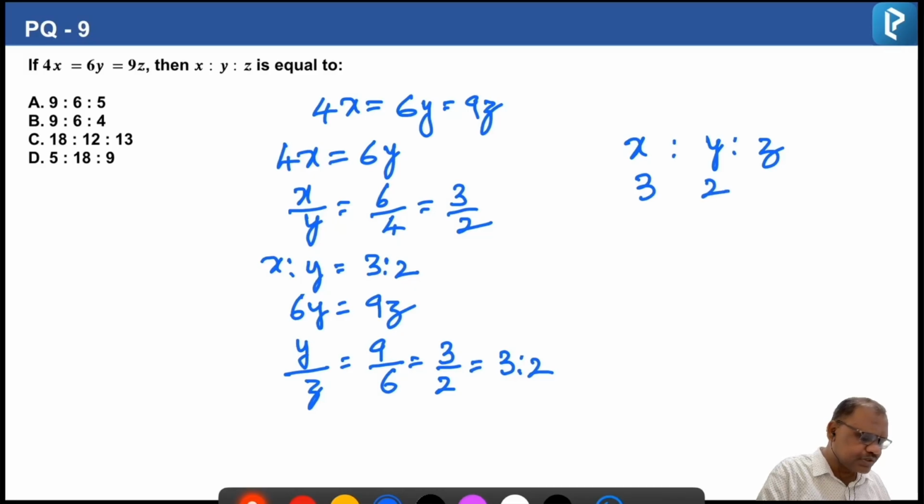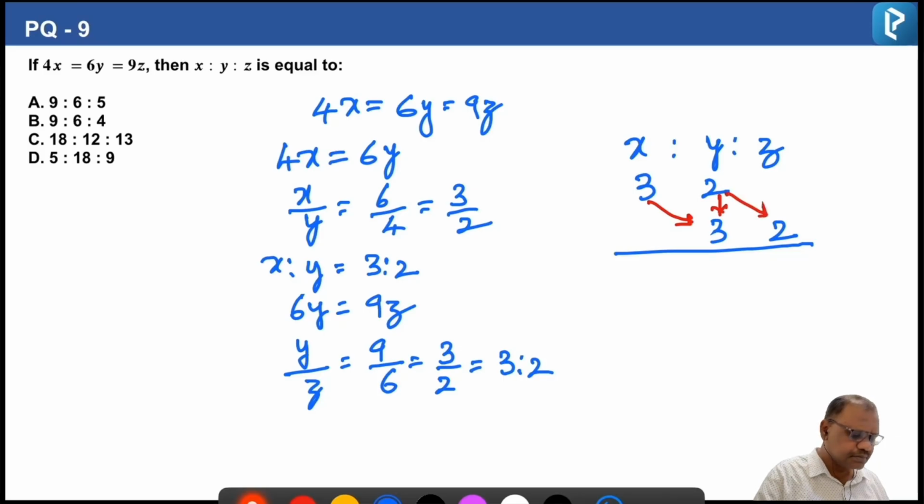Similarly, y is to z is also equal to 3 is to 2. To combine, 3 should be multiplied by 3, 2 with 3 and 2 with 2. 3 threes are 9, 2 threes are 6, 2 twos are 4. So this is x is to y is to z: 9, 6 and 4. So option B is the right answer.